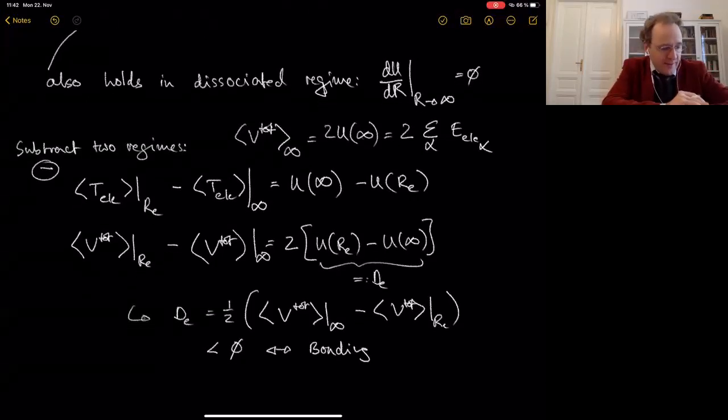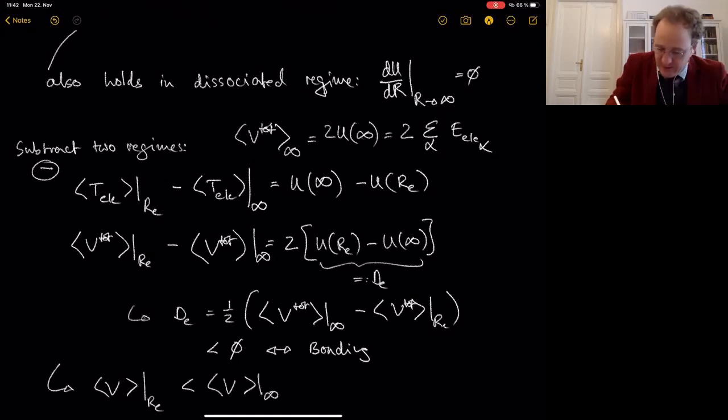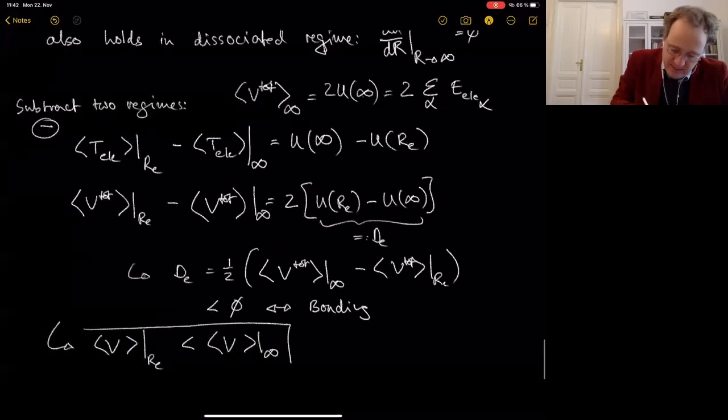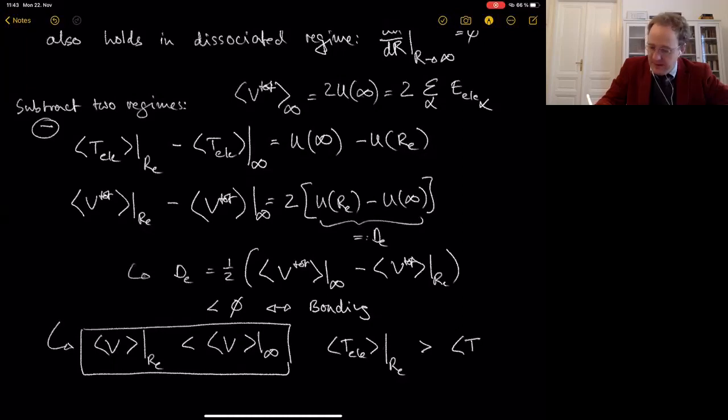And so if you know this, you basically arrive at inequalities where you can say, because of this, your potential energy at the equilibrium distance has to be smaller than the potential energy in the dissociated limit, and your kinetic energy at the equilibrium distance has to be larger than the kinetic energy at infinity.